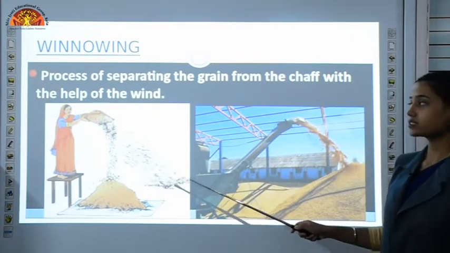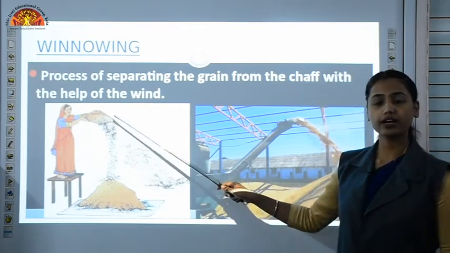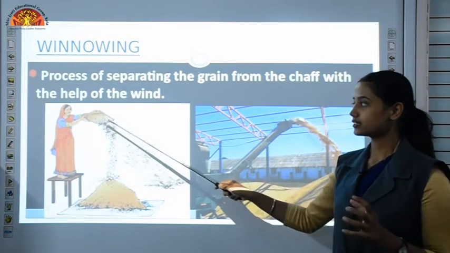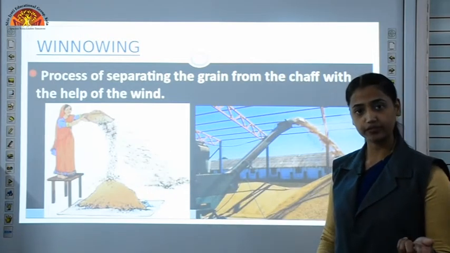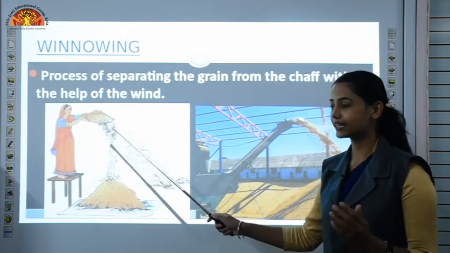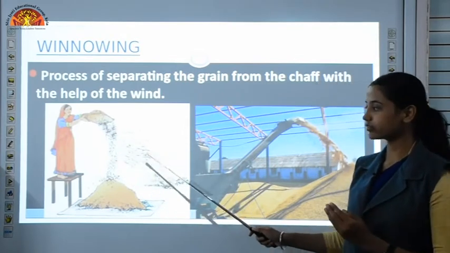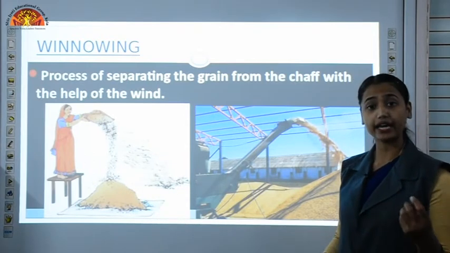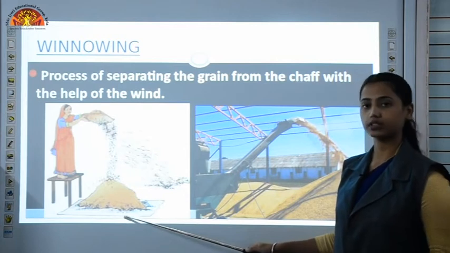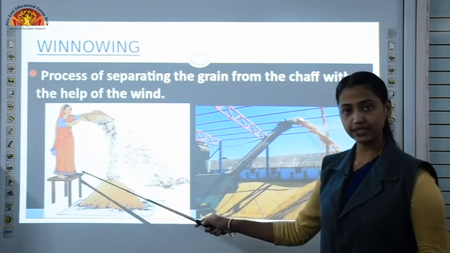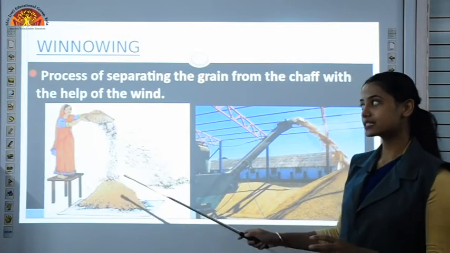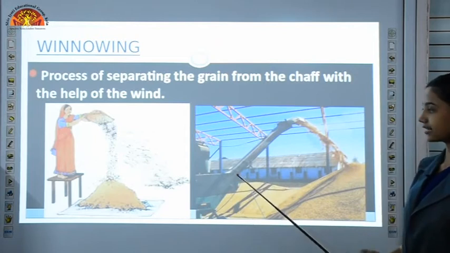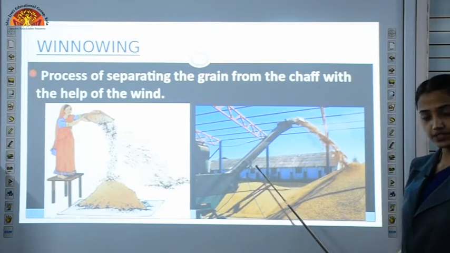What we do in this case is we throw our grain mixture from some height, and with the help of wind, this mixture contains chaff which is lighter in weight, and the wind takes away those chaff, and we get our grain particles, because they are heavier in weight and they fall down on the ground. It can be done manually, like this lady is doing. At small scale, like at our homes, we perform winnowing like this, and at large scale we can use machines.